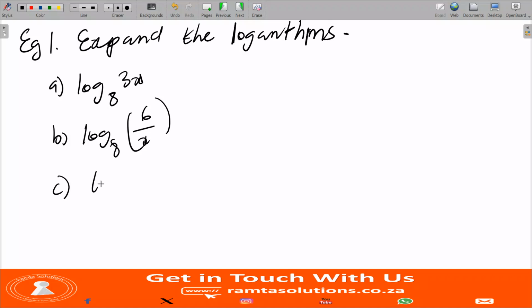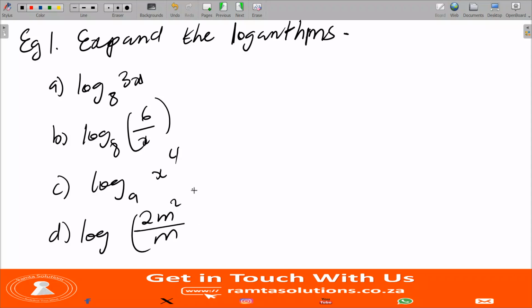C will be log x to the 4 base a, and then D will be log 2m squared over n base 5. Okay, base 5.